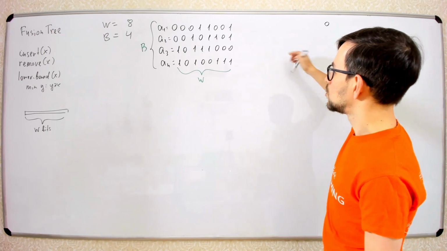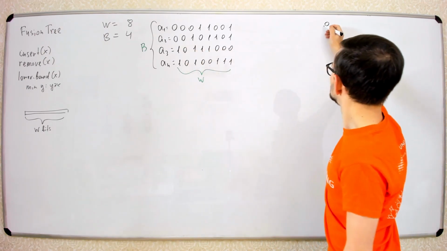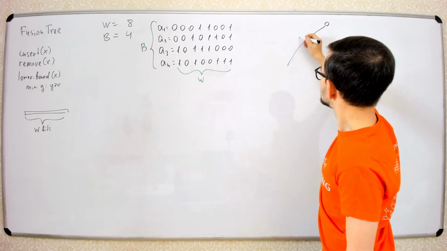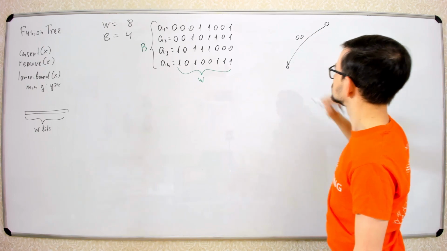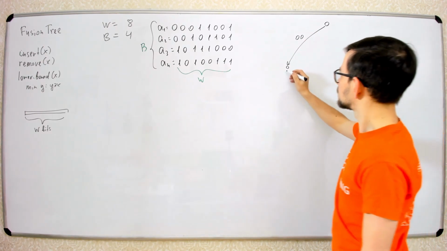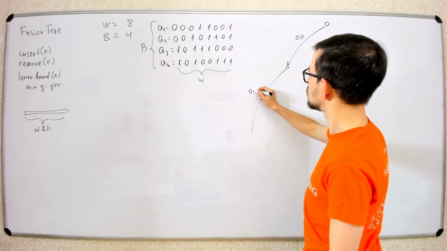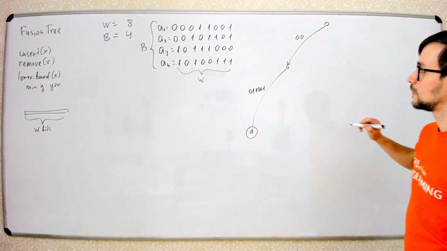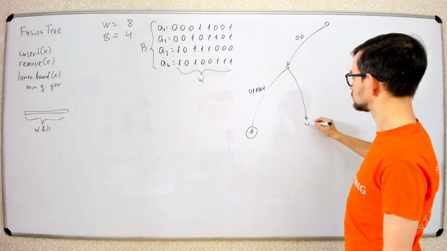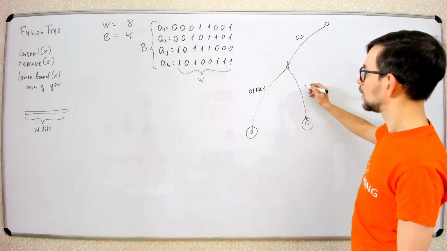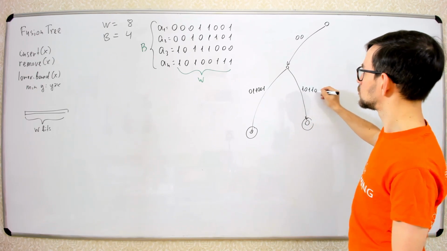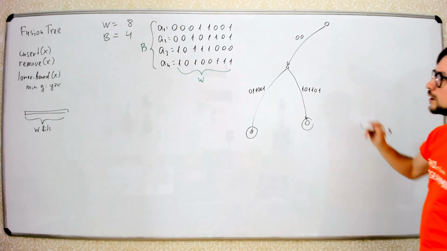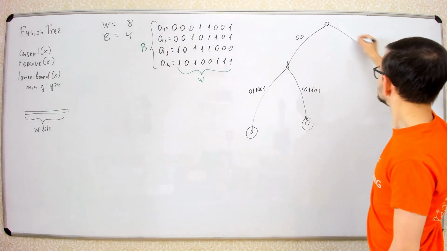Here we have 0, then 0, 0. To the left we have 0, 1, 1, 0, 0, 1. To the right we have 1, 0, 1, 1, 0, 1. And to the right we have 1, 0, 1.